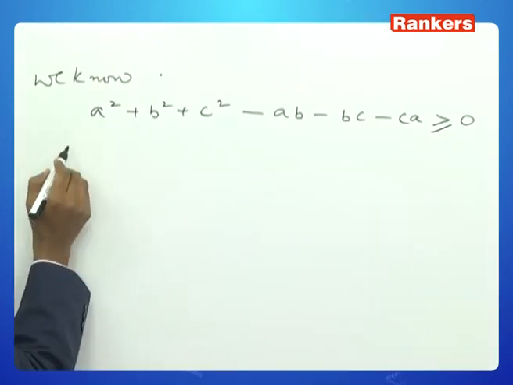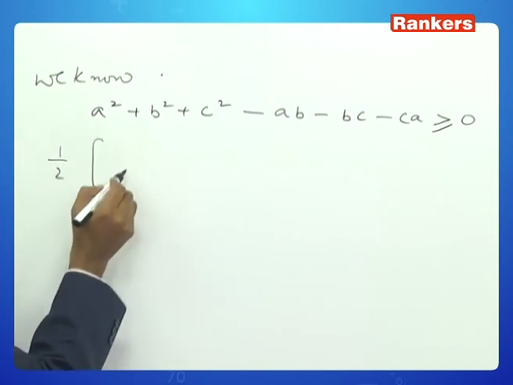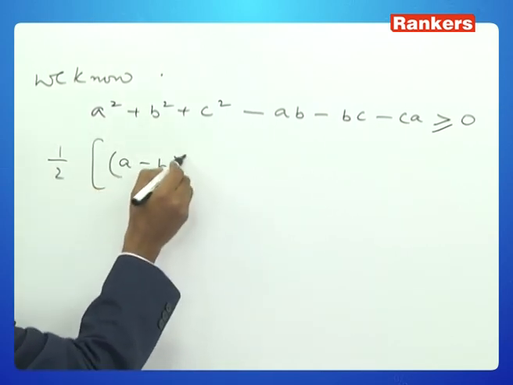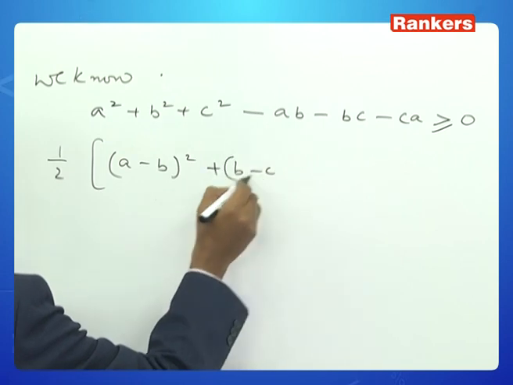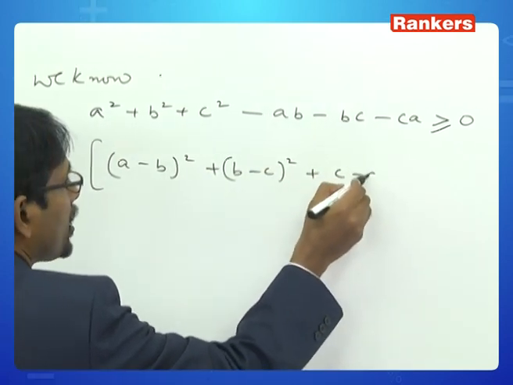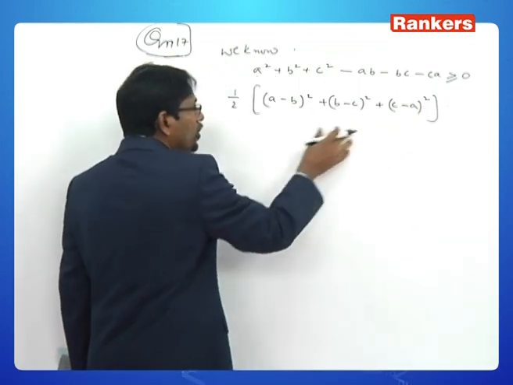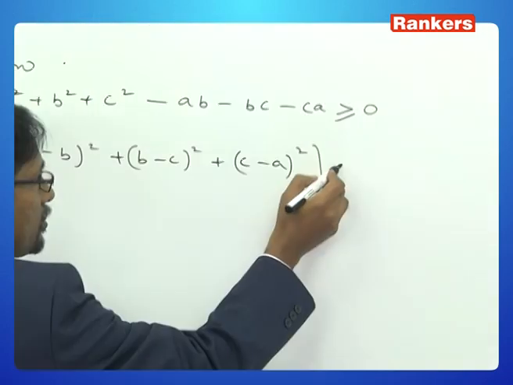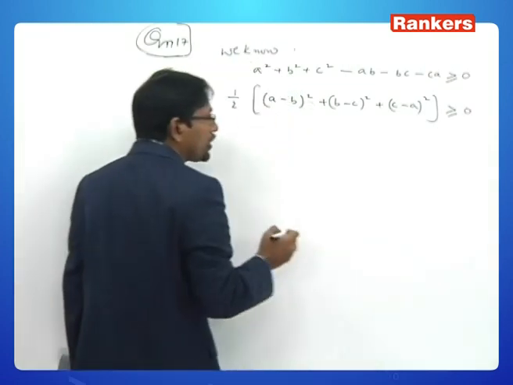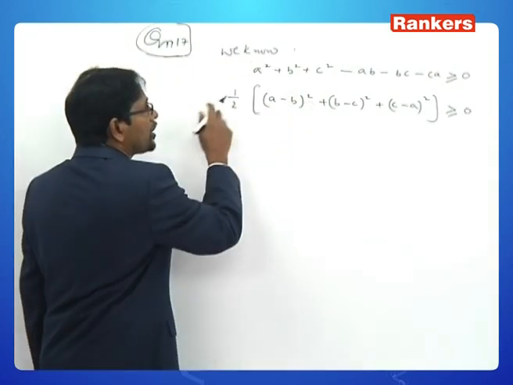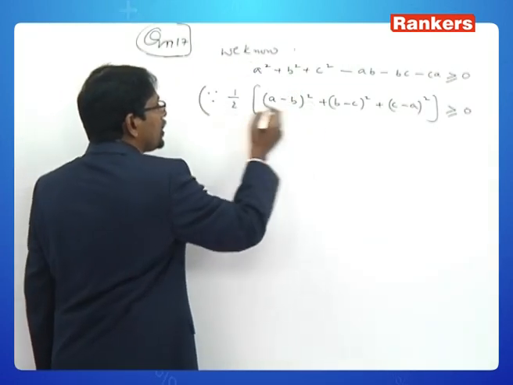How do we know this? It is in the form of half of a minus b the whole square plus b minus c the whole square plus c minus a the whole square, the sum of three non-negative real numbers. So it is non-negative.